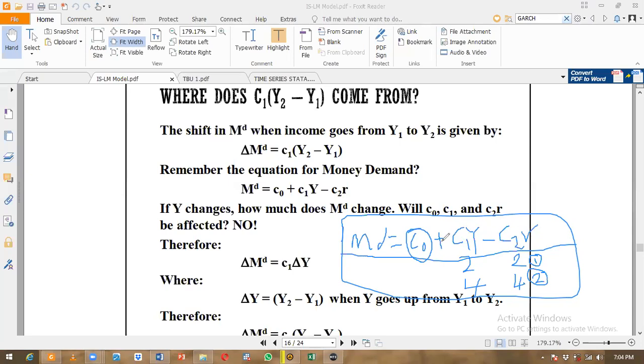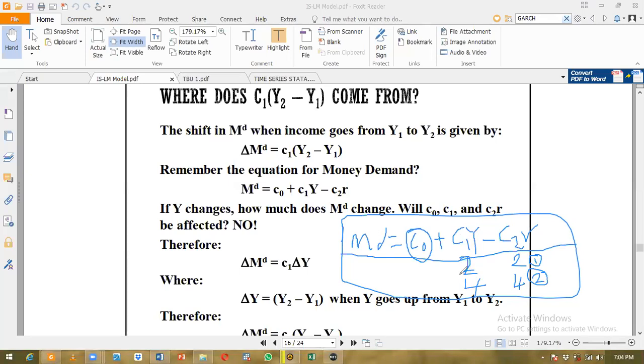The positive sign here means that money demand is positively related to income. The minus here means that money demand is negatively related to interest rates. Assuming the C1 is giving us 2, what this means is if Y should increase by 1 unit, then money demand should increase by 2 units.